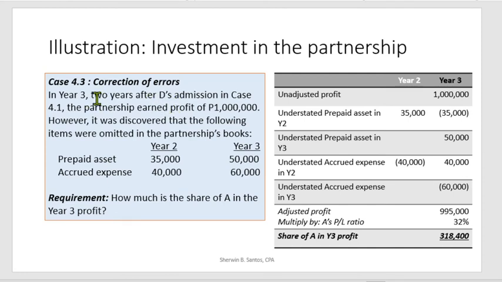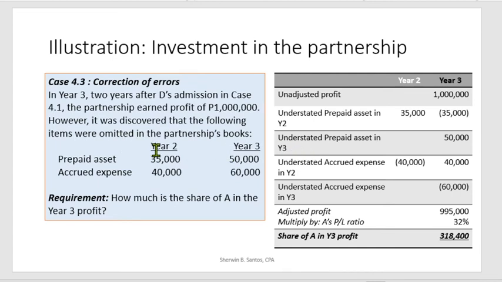Okay? In year 3, ang profit natin ay 1 million. Please take a look at the table. In year 3, ang ating unadjusted profit ay 1 million. However, kung wala sana tong errors na to, madali lang naman nating i-allocate yan based on the profit and loss sharing ratios.